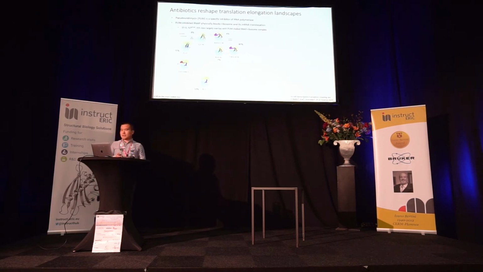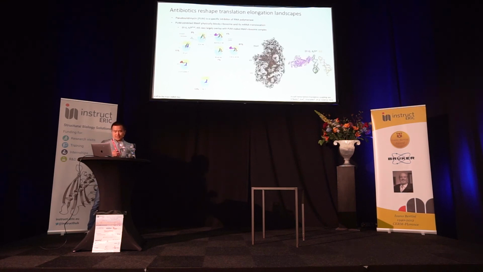Okay, so next is the third antibiotic. It is an RNA polymerase specific antibiotic, and quite surprisingly, we found that upon treatment with this antibiotic, most ribosomes also stay in this pre-translocational state, similar to spectinomycin. But the mechanism is quite different, and this is because of the transcription-translation coupling.